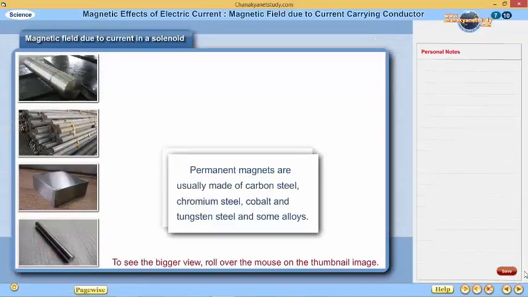Permanent magnets are usually made of carbon steel, chromium steel, cobalt and tungsten steel and some alloys.